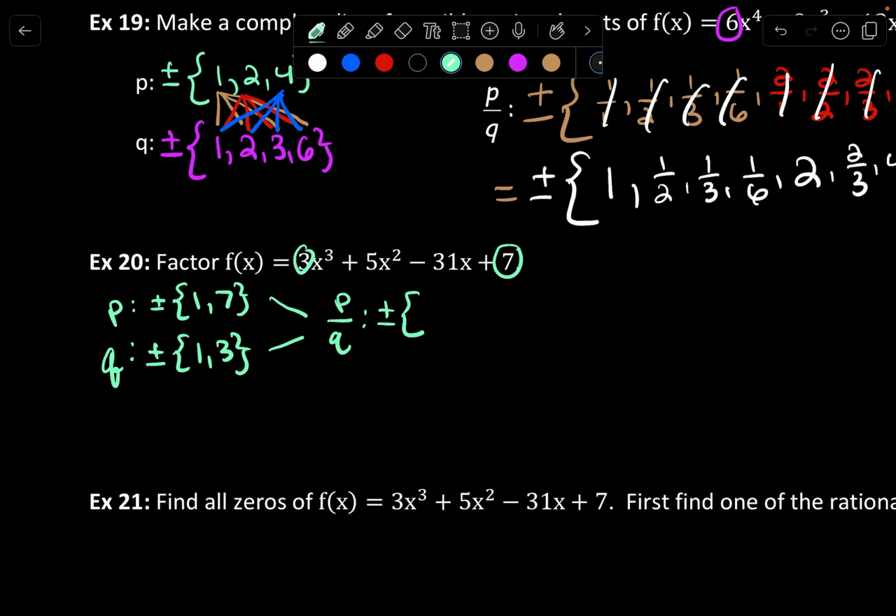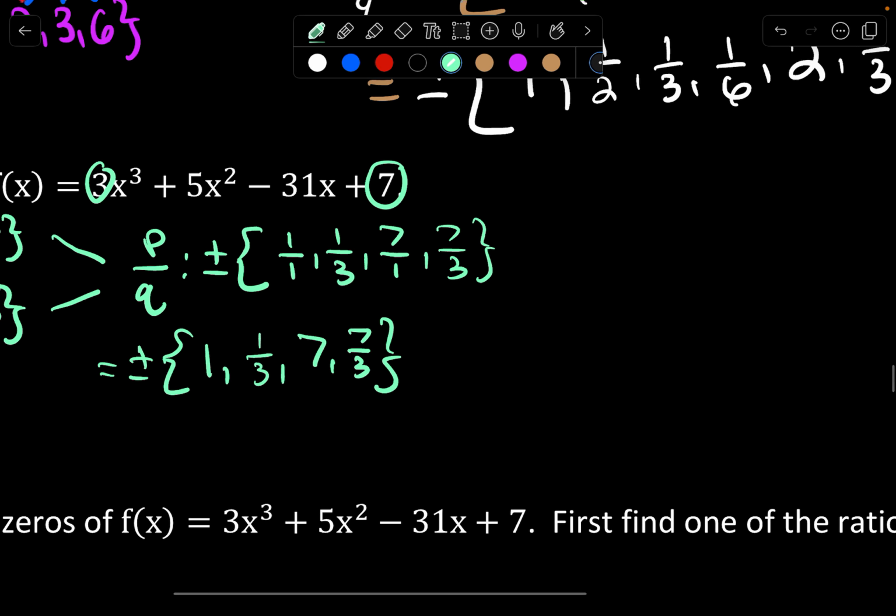So in our set, we'll have 1 over 1, 1 over 3, 7 over 1, and 7 over 3. And this will reduce to plus or minus 1, 1/3, 7, 7/3. Okay, so we use the rational root theorem for this.